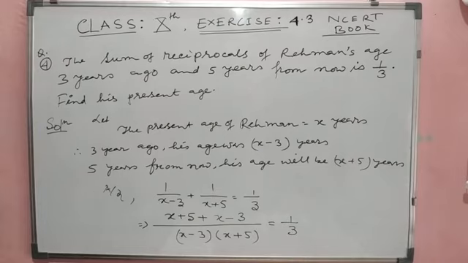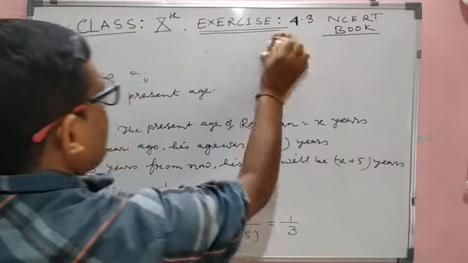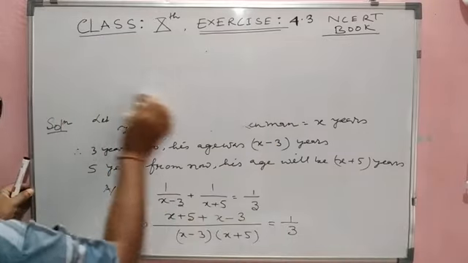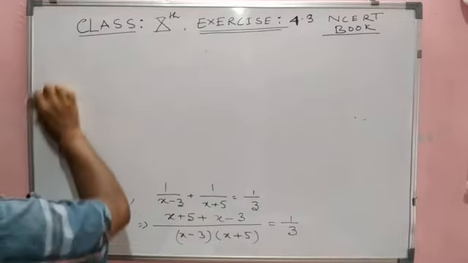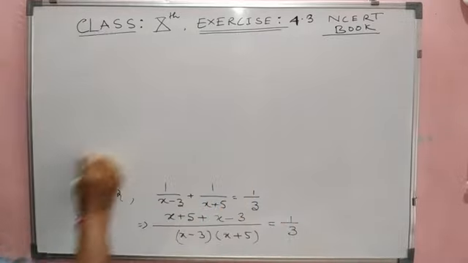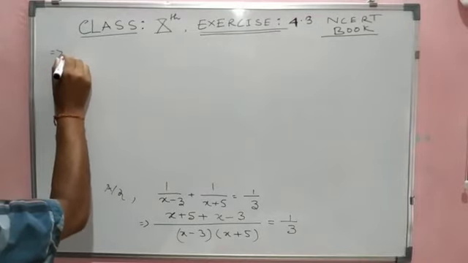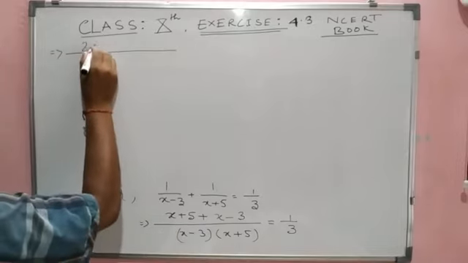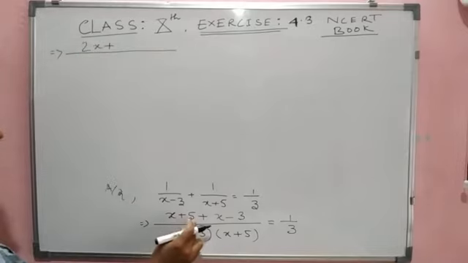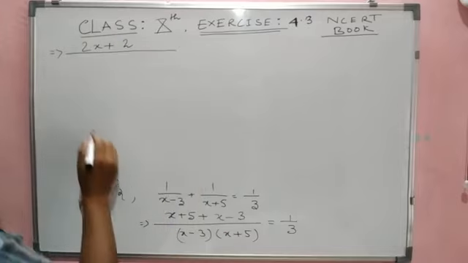So now on simplification we get, let us simplify this. It will be 2x plus 5 minus 3, so it will be plus 2. Now multiply this also.